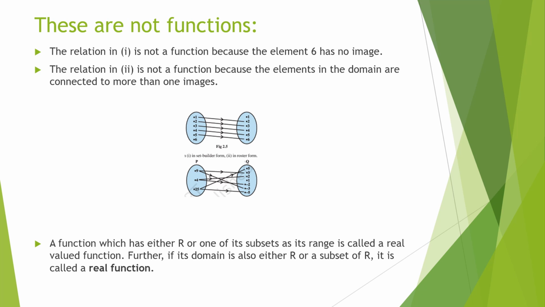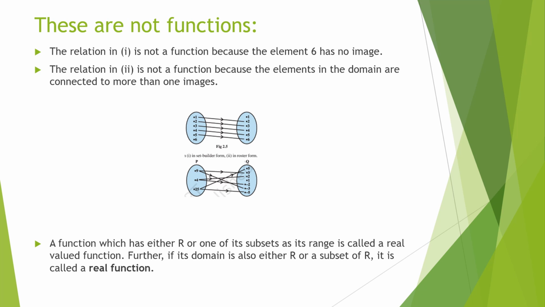Now, the following two relations given over here are not functions. Let us see why. If you see the diagram for the first relation, it is not a function because the element 6 has no image. You can see that in the first diagram, in the set A, there are elements 1, 2, 3, 4, 5, 6. From that, 6 does not have any image. So the first condition is every element of A should have an image in B for being a function.